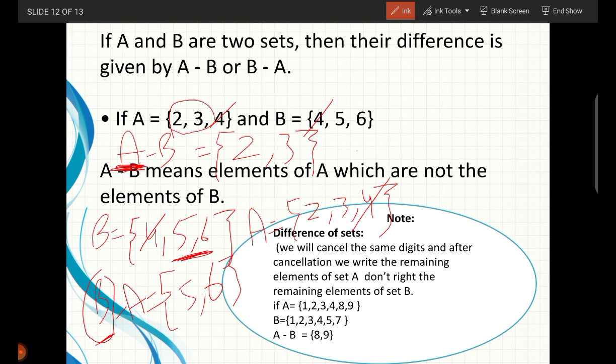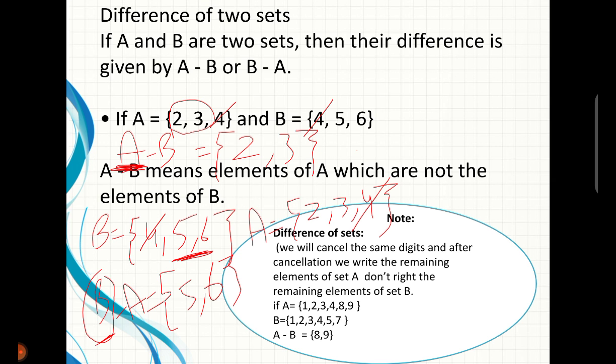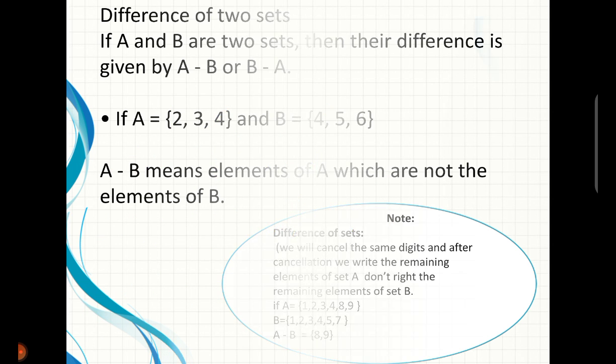This is the way to find the difference of two sets. I hope it will be very easy for you when you practice this difference of two sets, intersection of two sets, and union of two sets.